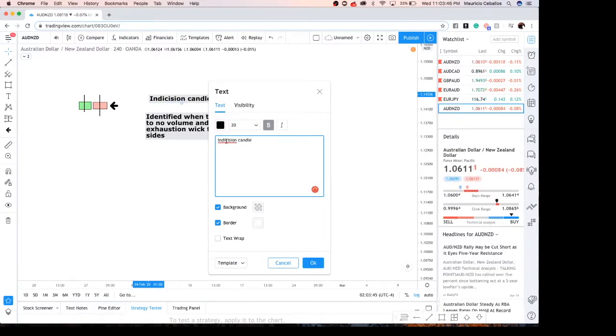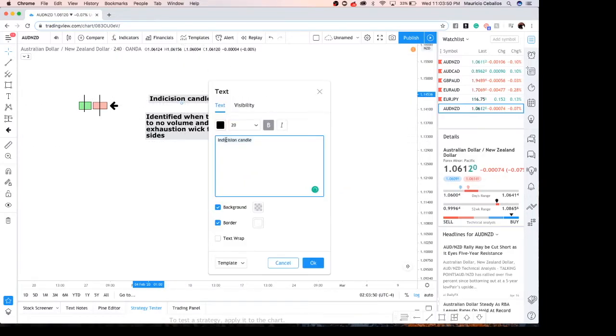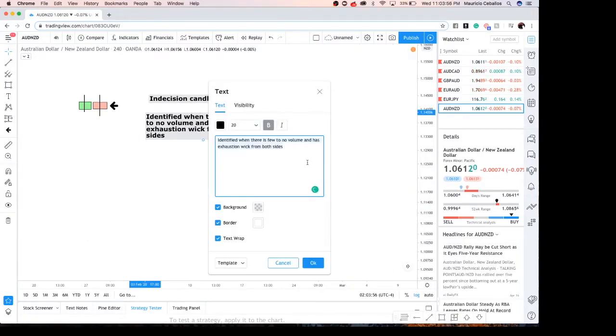What is it telling you? An indecision candle is identified when candles have very little volume and exhaustion wicks from both sides.